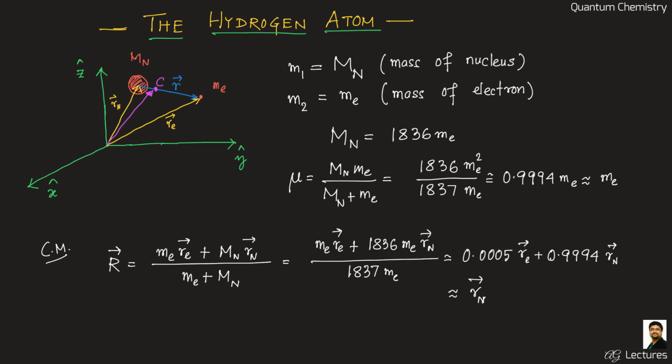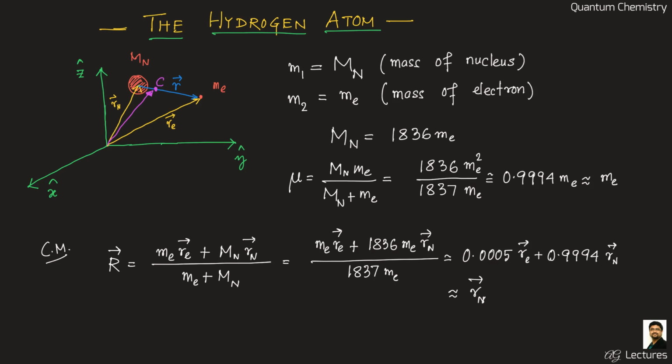So what we're going to assume from now on is that it is not only much heavier, but kind of infinitely heavier. It simply means that in this two body motion, the nucleus doesn't move at all. The center of mass is exactly on top of the nucleus. The movement is all about the movement of this electron with respect to this static nucleus, which is sitting at one particular point in space.